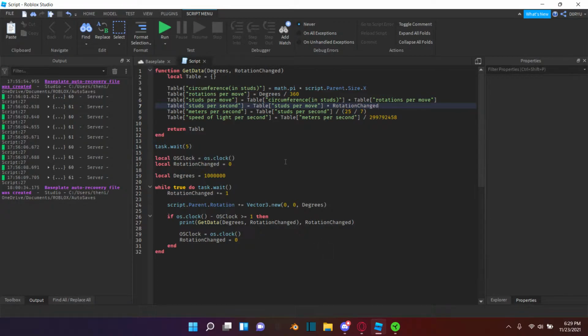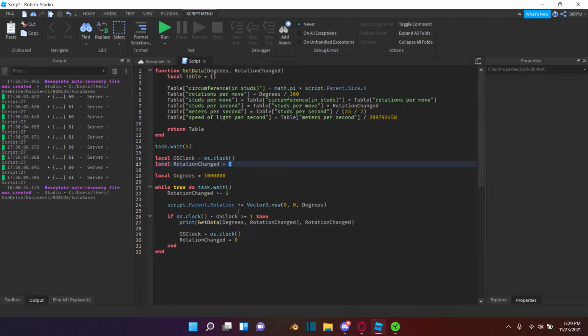Now, this is the code that I have. So we wait 5 seconds, os.clock, rotation changed, degrees. So we're going to start the loop. We add a rotation change because rotation change is basically every time it changes the rotation, right? That's how many times it changed the rotation.